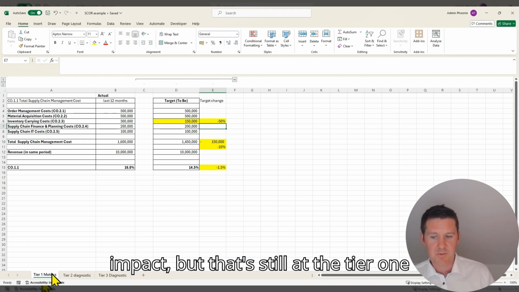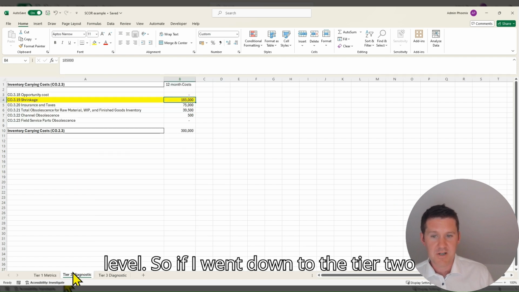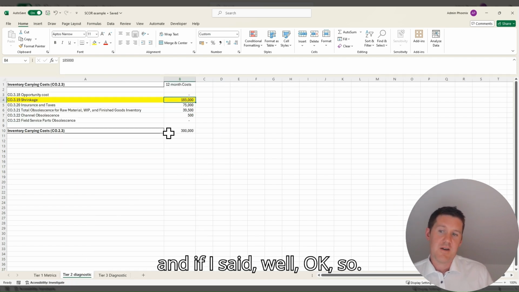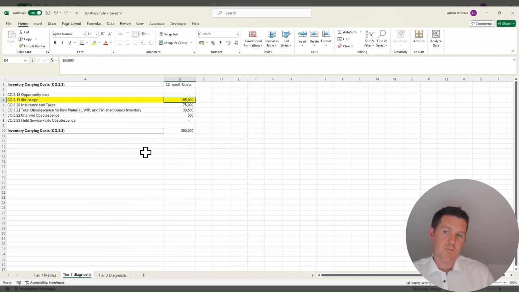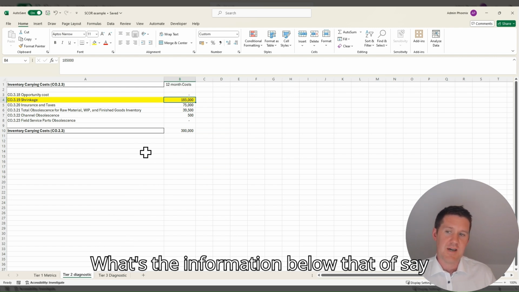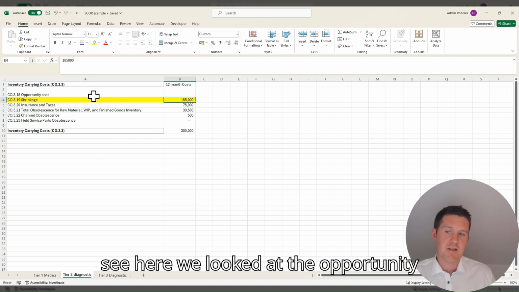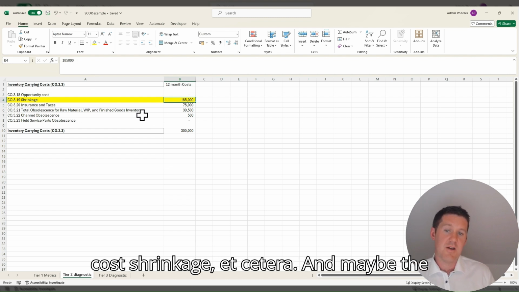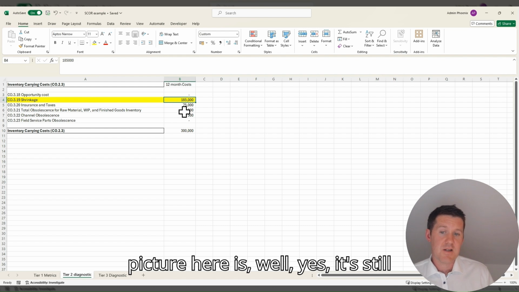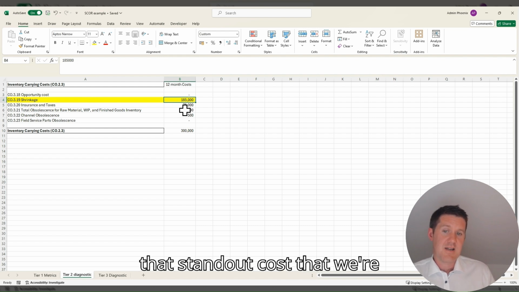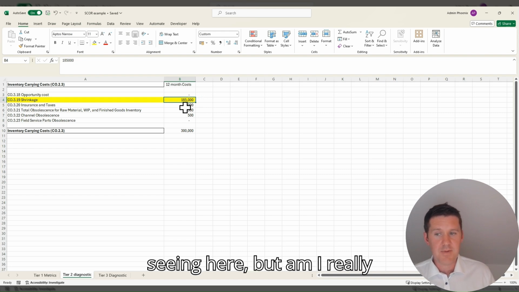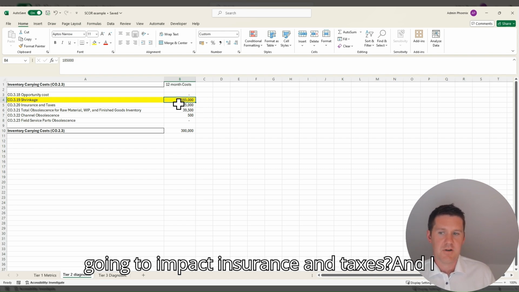But that's still at the tier one level. So if I went down to the tier two, and said, well, okay, what's the information below that, say, the inventory carrying costs? Well, I can see here we looked at the opportunity cost, shrinkage, etc. And maybe the picture here is, well, yes, it's still that standout cost that we're seeing here, but am I really going to impact insurance and taxes?